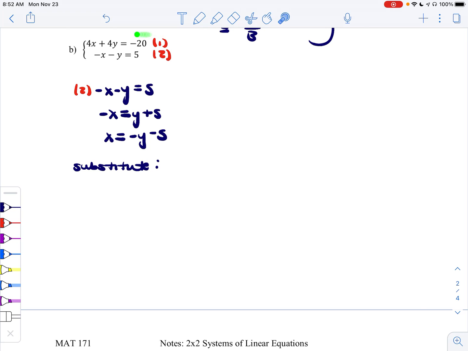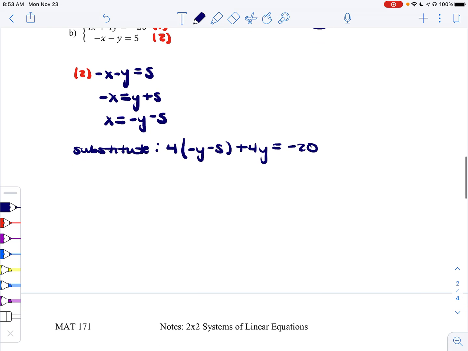So we're going to substitute this back into the first equation, okay, because this was equation 2. So we need to substitute it back into equation 1. And just for our x, we're going to plug in negative y minus 5. So we have 4, and then times negative y minus 5 plus 4y is equal to negative 20.